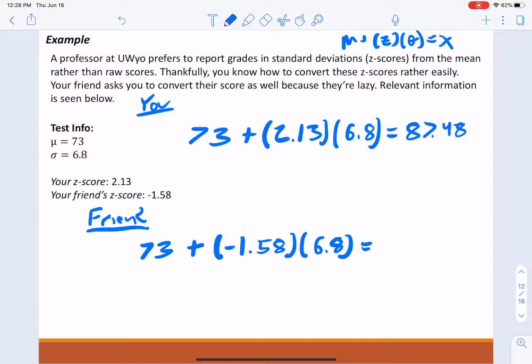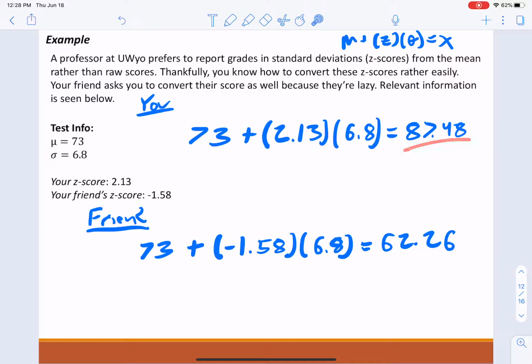Okay, so let me do this. 1.58 times 6.8. Okay, so that's negative 10.7, and then we just need to add 73 to that. And it looks like 62.256, so we'll round that up to 62.26, okay? So that's that.